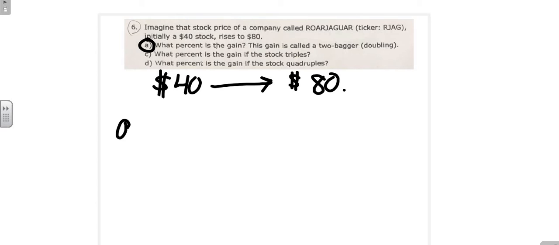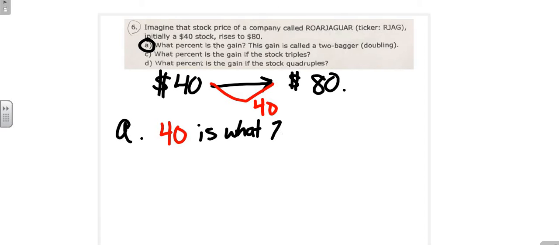So for A, the difference here is $40. So question A is, what is the percent gain? So another way to look at this is $40 is what percent of $40? That would be the question form.